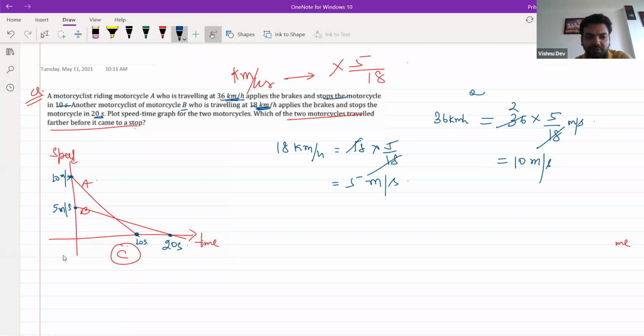Okay, so we have the speed time graph. What we will do is calculate areas. You could have used equations of motion also from the information here, but instead I'll just use the area. So for A, the area is half times base, that is 10, times height, so it will be 50.